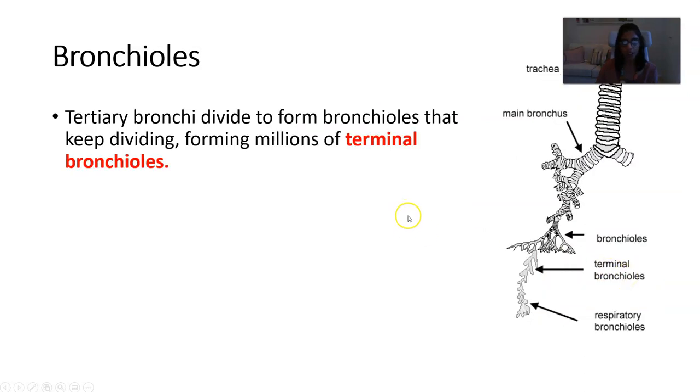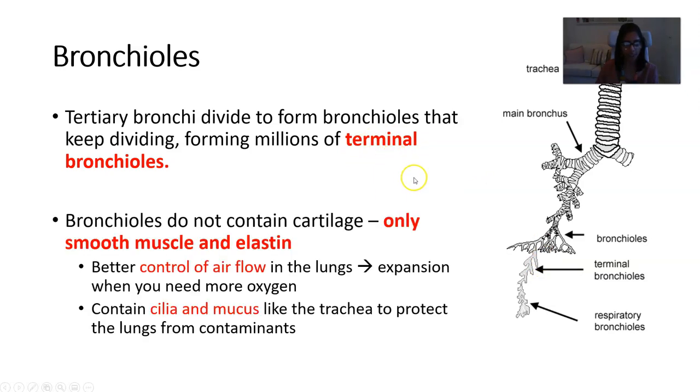The bronchioles are the smallest branches of the bronchi. So the tertiary bronchi divide into bronchioles. Okay, and you can see that there, and these are called terminal bronchioles, and that's because the word terminal means ending, remember. So you don't have any more bronchioles after this. Now, bronchioles do not have any cartilage on them at all.